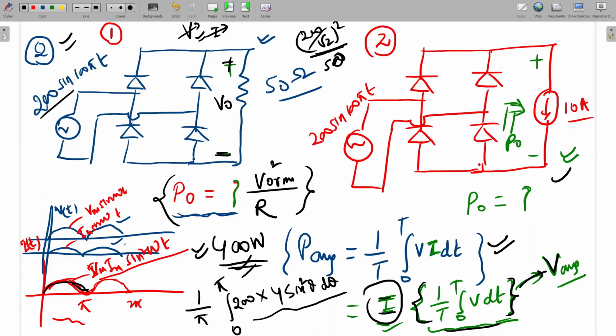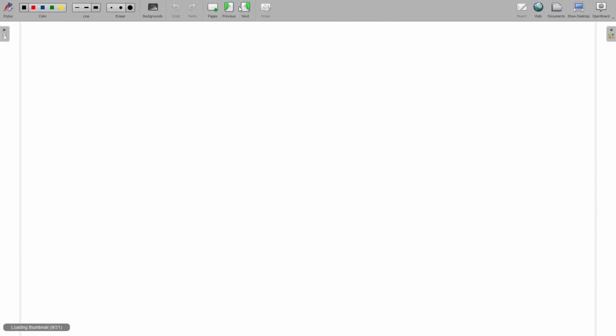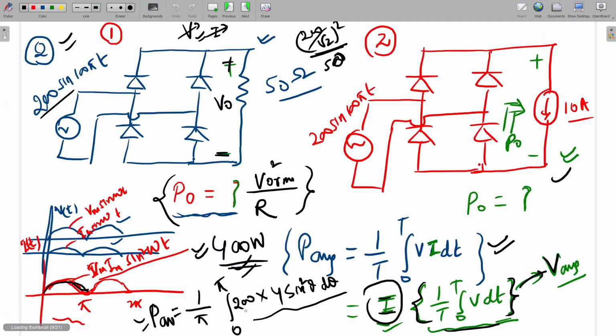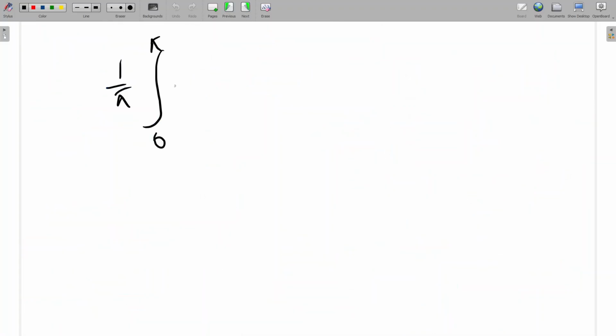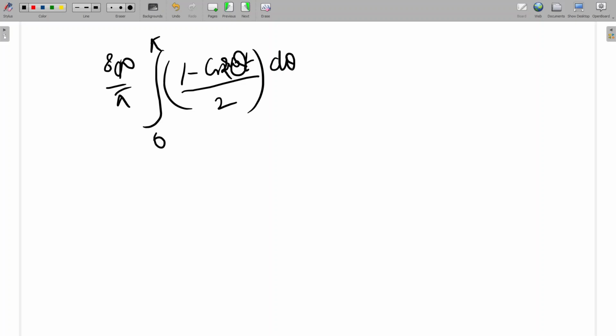This is the average power waveform. It should come to 400. So I am going to calculate this 1 by pi, 0 to pi, 200 into 4, which is 800, by pi, sine square theta. We can say sine square theta is (1 minus cos 2 theta) by 2, d theta.